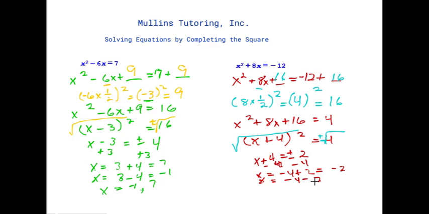Negative 4 minus 2, since same sign, we're just going to have the negative, and 6. So x is equal to negative 2 and negative 6. Oops, negative 6, not negative 2 again.